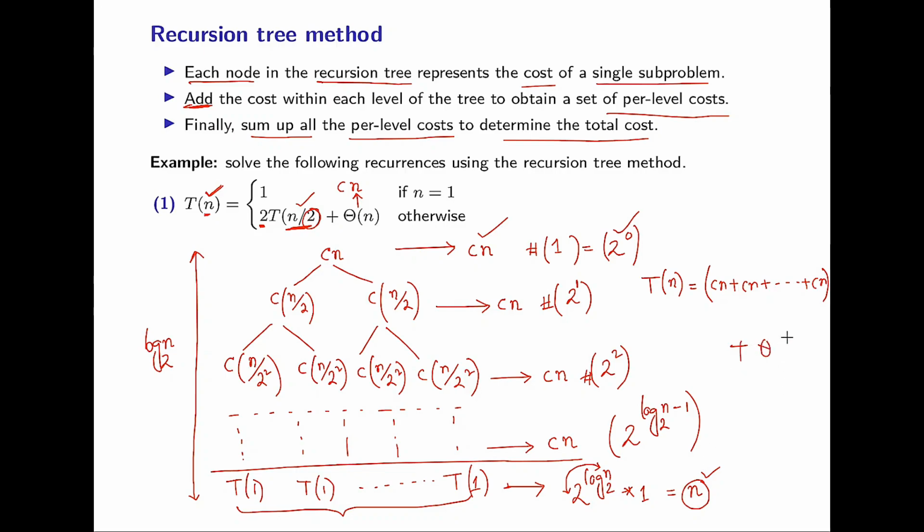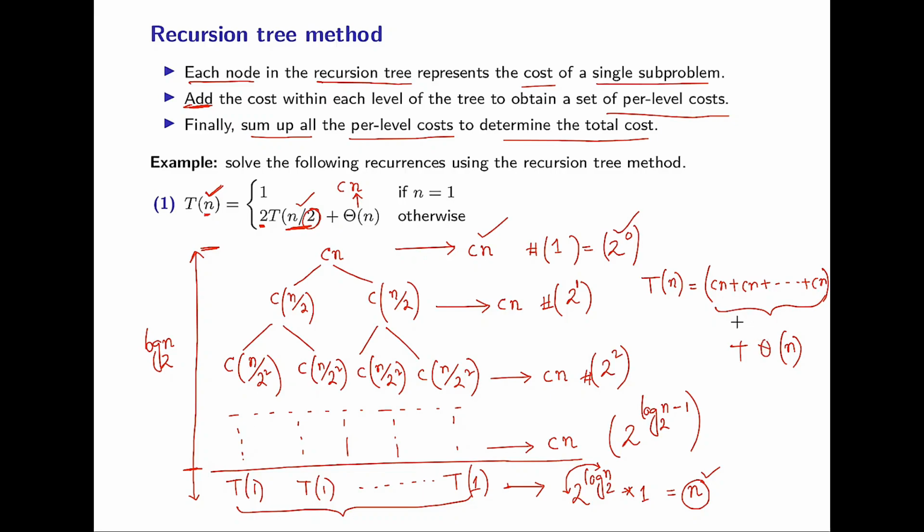So theta n I am writing. Why? Exactly n we have seen here, so we can write using tight bound. But how many Cn's are there? How many Cn's are there? Up to this, from here up to this.